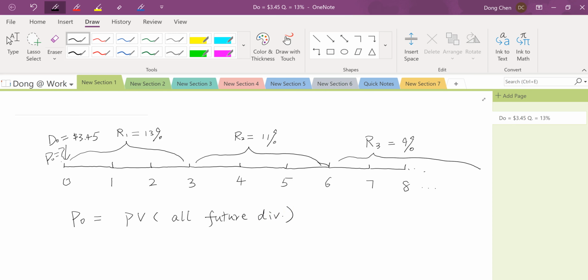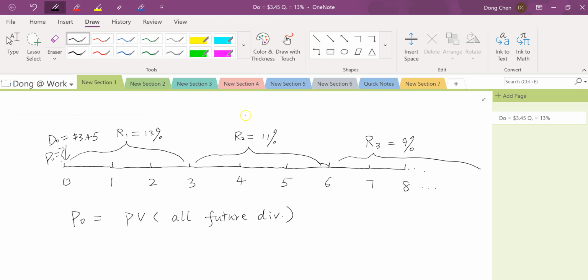And we actually have one question in quiz 1 testing your knowledge about that, because the whole course is just revolving around different elements of that concept, intrinsic value. Intrinsic value is simply the present value of all future cash flows. And in this case, all future cash flows for the stock is simply all future dividends.